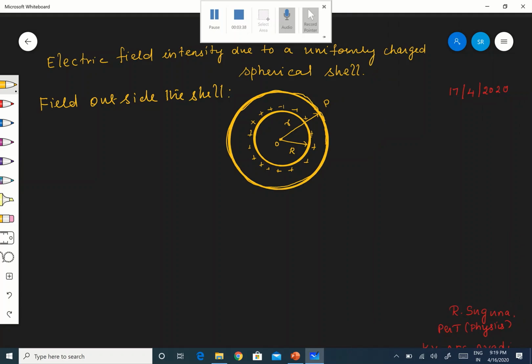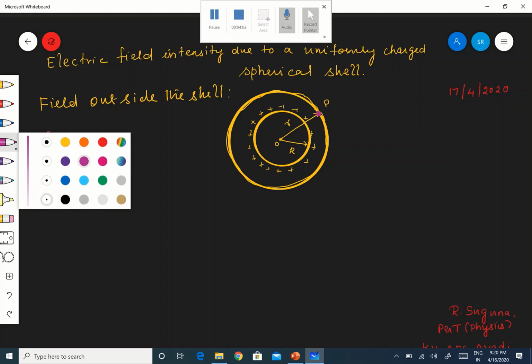My point of interest here is P. Let me highlight it. This is the point of interest. Now what do I have to do? I have to apply Gauss theorem, according to Gauss theorem.